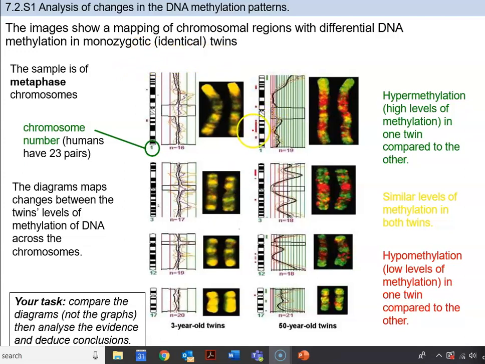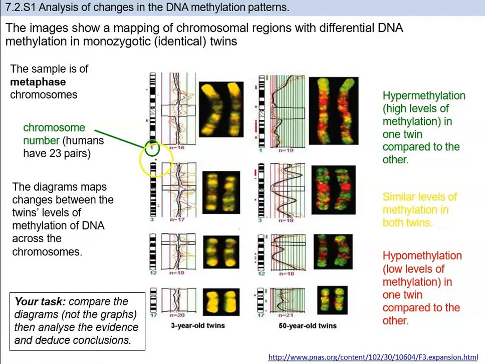So it shows the methylation across 4 different chromosomes: chromosome 1, chromosome 3, chromosome 12, and chromosome 17. And here is a 3-year-old twin, and here are the 50-year-old twins.